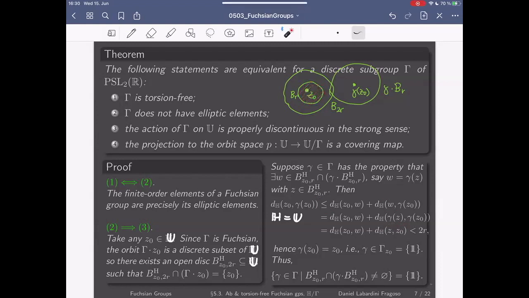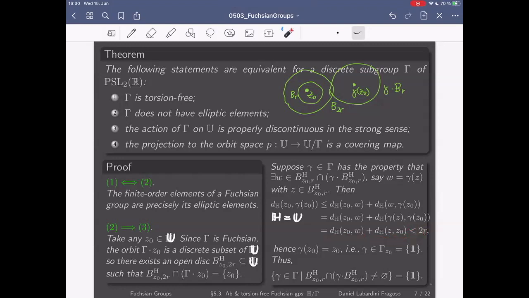So there's some z in here, which gets translated into here, so w equals gamma of z. Then we get basically 2 times r, so this distance is smaller than 2r.